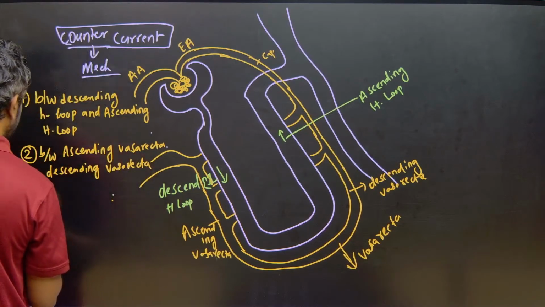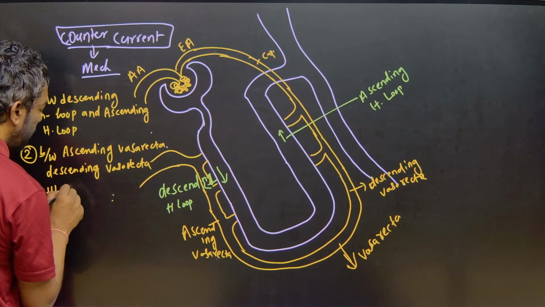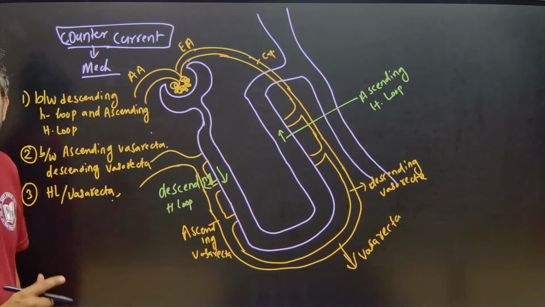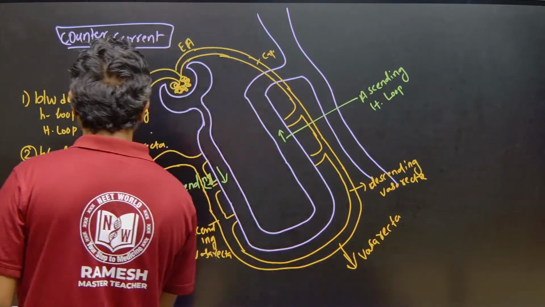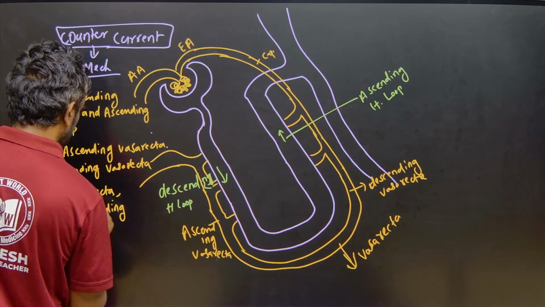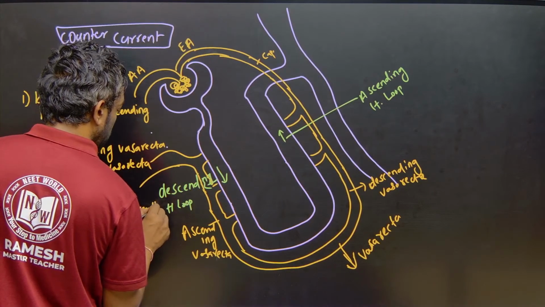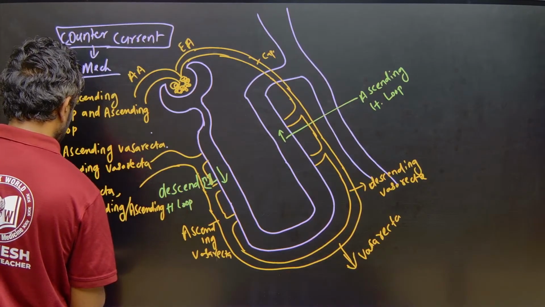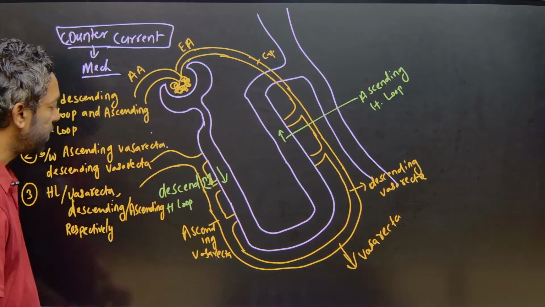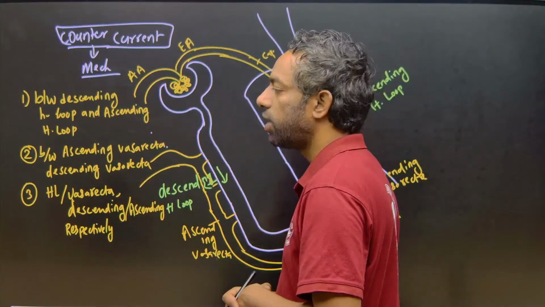And there is another counter current between the Henle loop and Vasa recta, descending and ascending respectively. So these are all involved in the counter current mechanism.